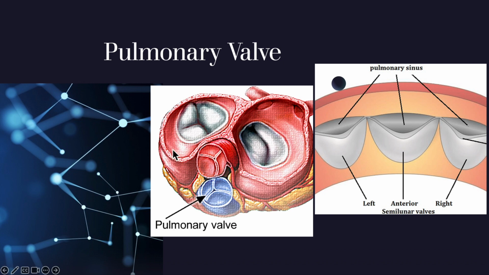Now look at these two annuli. This is the tricuspid annulus, this is the mitral annulus, and you notice that the aorta is wedged inside these two annuli, and this is normal physiology. This is very important because this does not happen in a common AV canal.